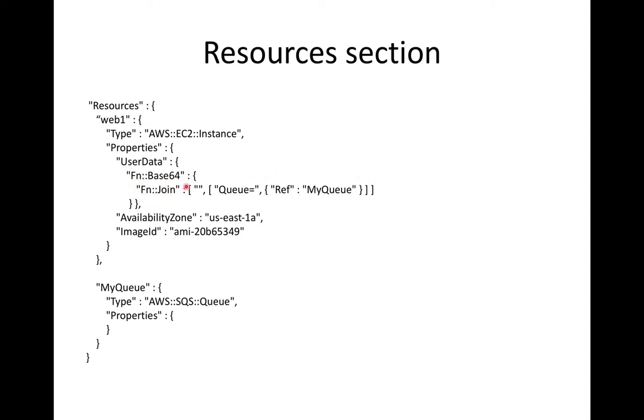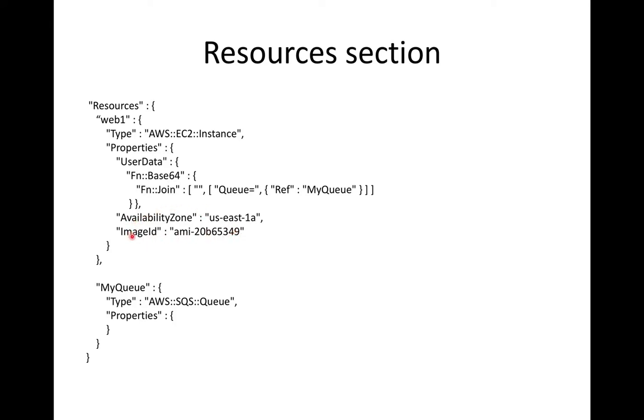This is using the join function to concatenate some string values. In this case, we have a string q equals, and then the value of this parameter. We have an availability zone parameter and an image ID parameter, our property, excuse me, image ID property.